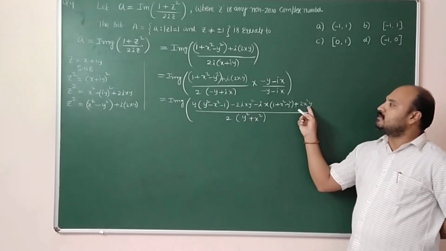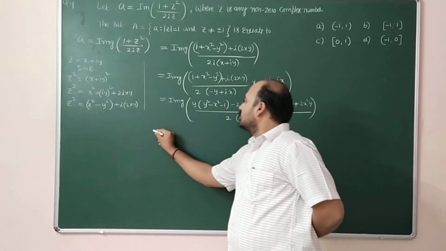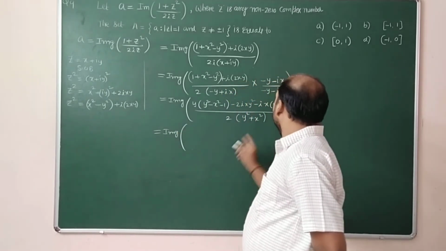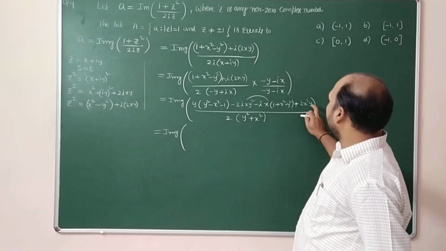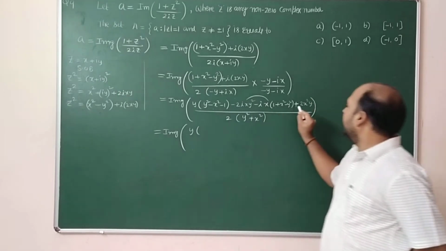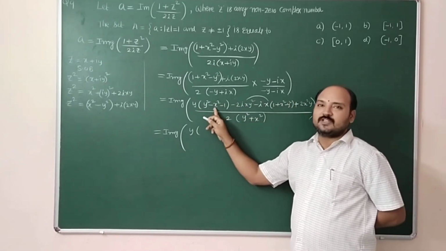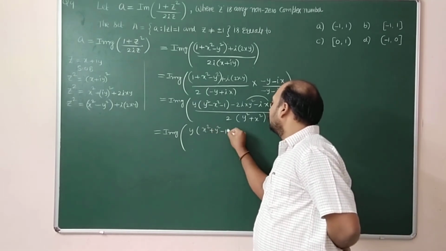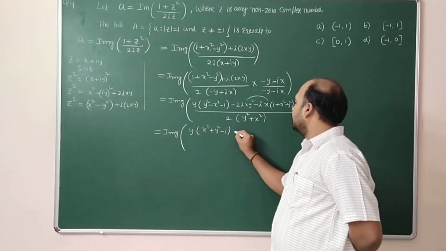So from the first term and last term take common y. So which is equal to the imaginary part of: y I am taking from these two. If you take out common y from here and here, observe carefully, y we are taking common. 2x square minus x square is x square. So x square plus y square minus 1. From here, minus i take common.